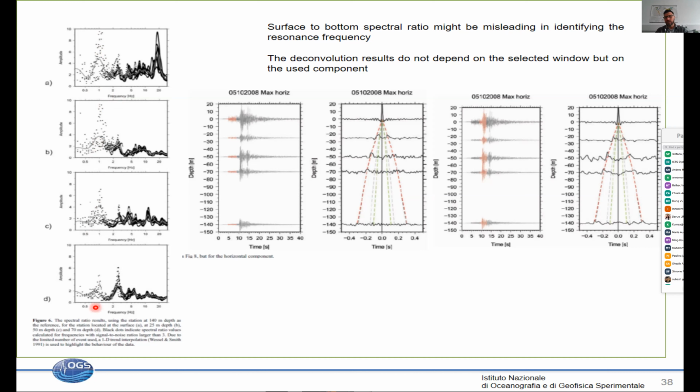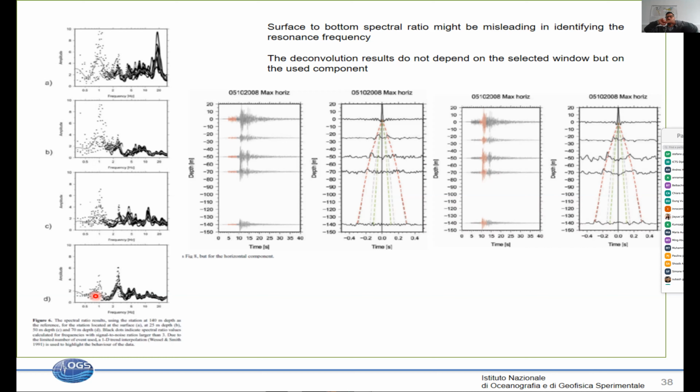Why is this happening? This is happening because this peak is not due to the amplification of a wave moving from the bottom to the top, but it's simply due to the fact that the spectrum at different levels is divided by the spectrum of the reference.